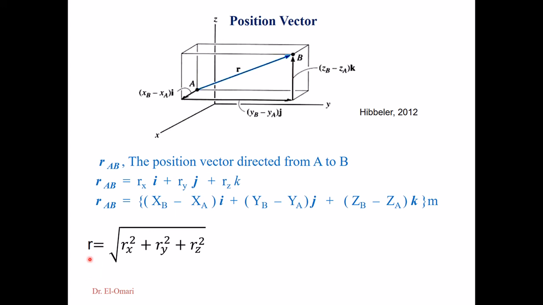The magnitude of the position vector, which is the square root of the sum of the squares of its components, is nothing more than the distance between these two points. So if we have the position vector and its magnitude, then you can remember that the unit vector is the vector divided by its magnitude.